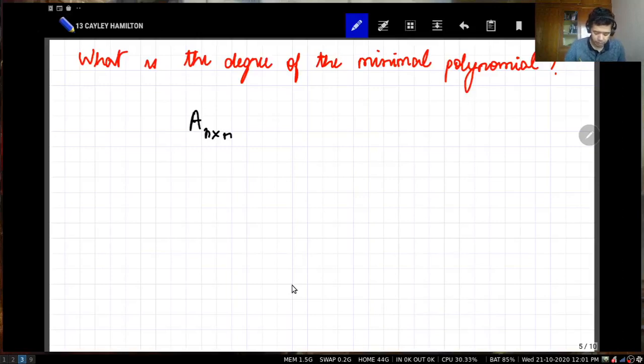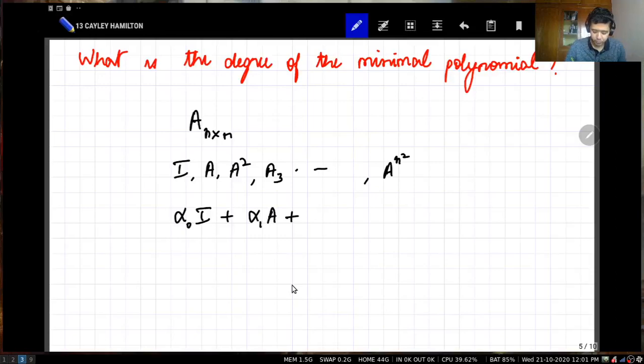I claim that the matrices I, A, A squared, A cubed, and so on, up to A to the n squared, are linearly dependent, in the sense that I can always find a non-zero linear combination alpha 0, alpha 1, up to alpha n squared, such that alpha 0 I plus alpha 1 A and so on up to alpha n squared A raised to n squared is equal to the zero matrix.